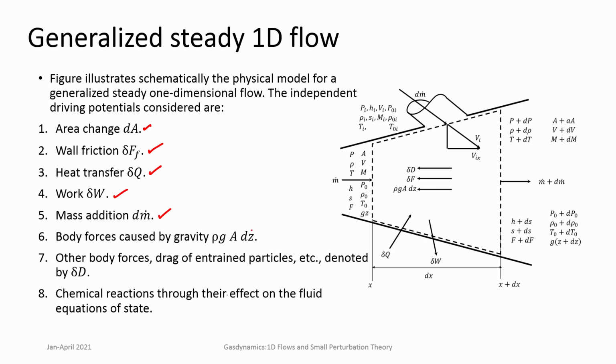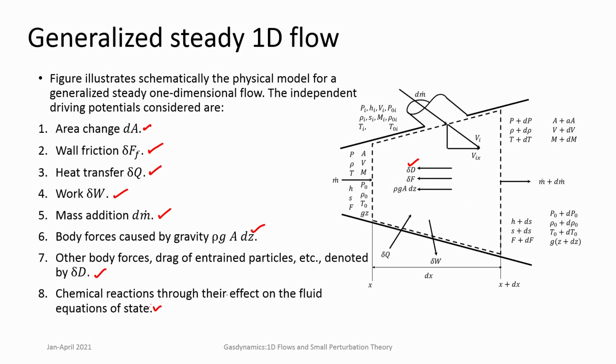You can have body forces, and also in some cases you can have some entrained particles which induce some drag. So another drag force is also present, and there can be effects like chemical reactions which can change properties of the fluid, that can also be considered.